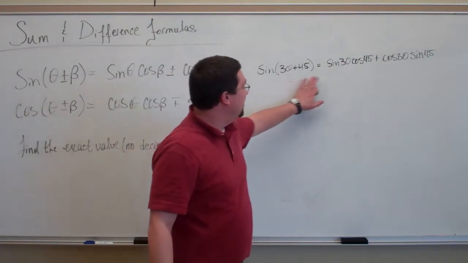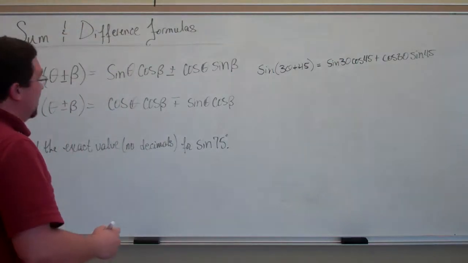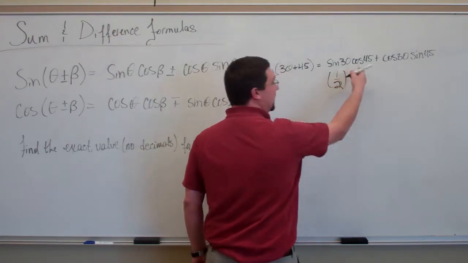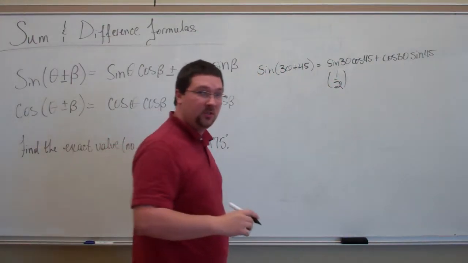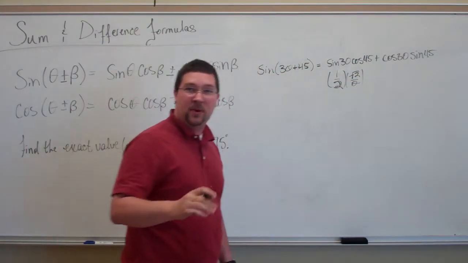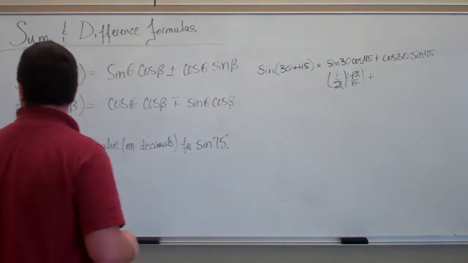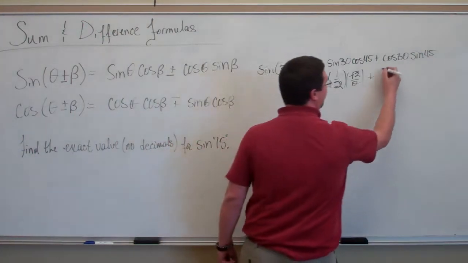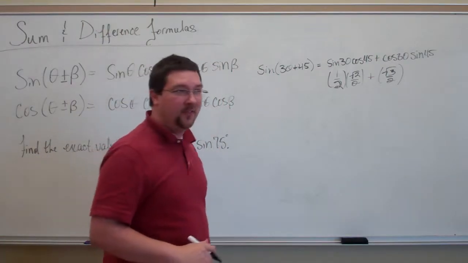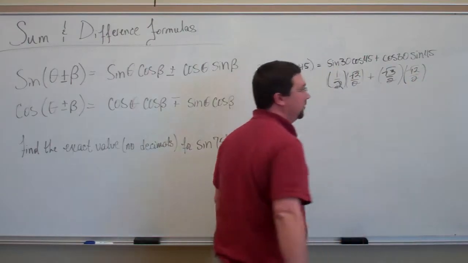Okay? So now, the sine of 30, if you go to your unit circle, it's pi over 6, and the sine of pi over 6 is 1/2. So it's going to be 1/2 times the cosine of 45 degrees, which is square root of 2 over 2, because remember, 45 degrees is pi over 4, plus the cosine of 30, which is square root of 3 over 2, times the sine of 45 degrees, which again is square root of 2 over 2.